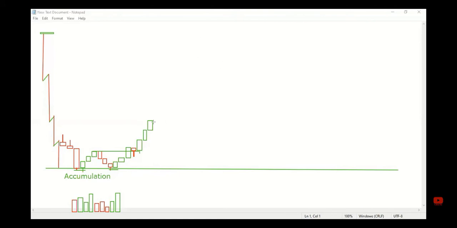Sometimes it happens. The market may create this type of ranging situation here, like this is a ranging type situation.